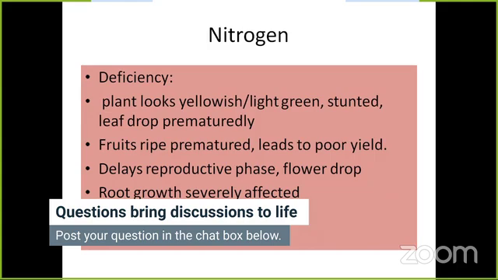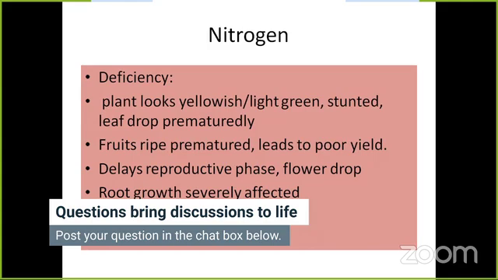If it is a seed, it will become very weak, and like that, yield will be lesser. Then, as I said, it delays the reproductive phase. There can be flower drop because available nutrition will be divided among the few flowers that are retained. So the plant tries to manage its future activity, that is reproduction, by way of dropping the flowers.